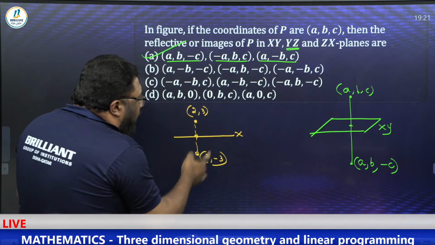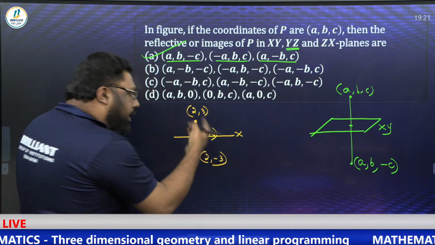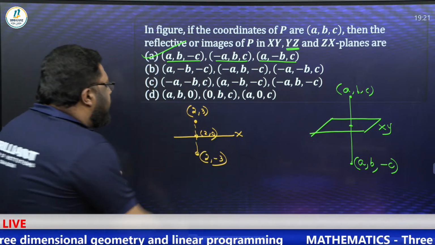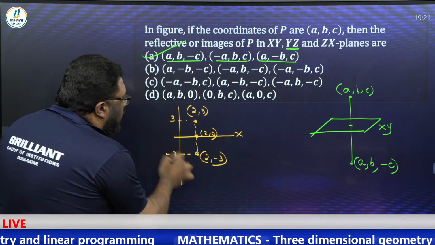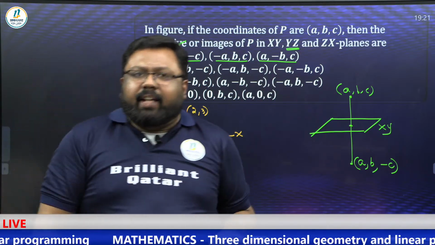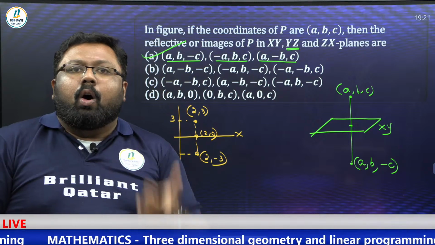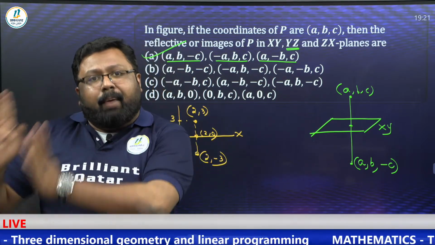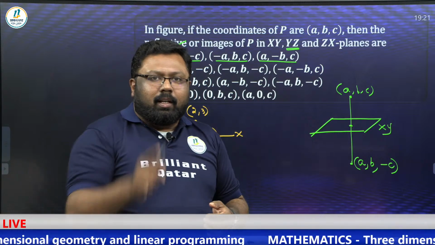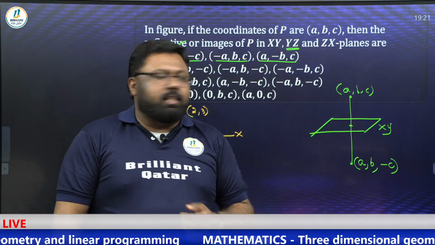For both points, the x coordinate is 2 only. Then what changes? The corresponding y coordinate is changing. If the x-axis is reflecting some point, the y coordinate sign will change. Similarly, if the xy plane is reflecting, the sign of the z coordinate will change.